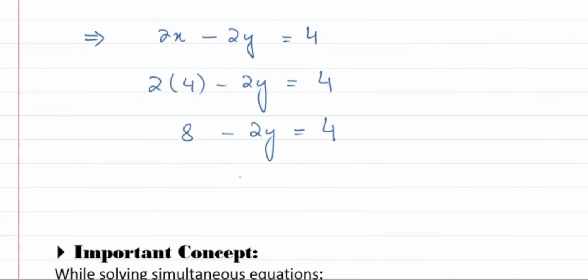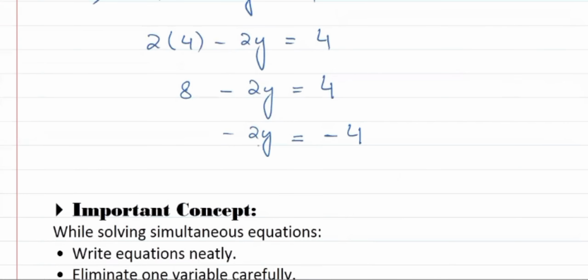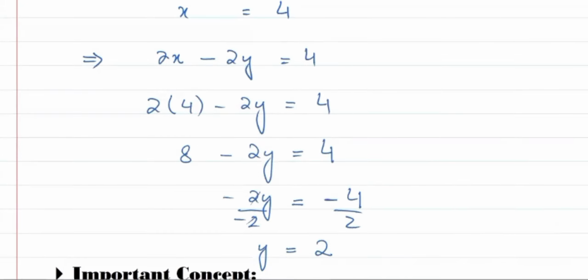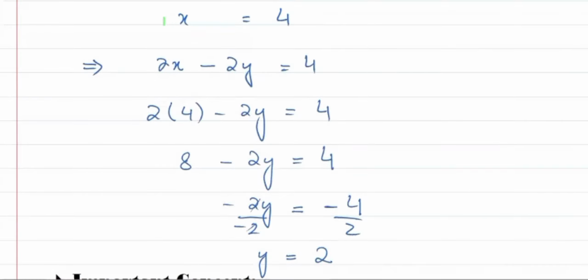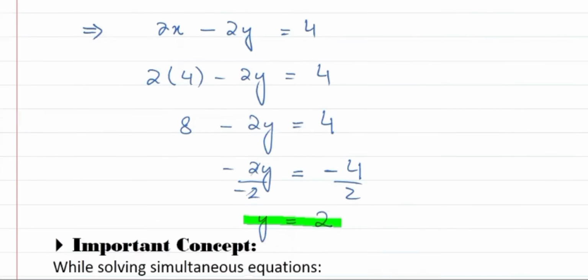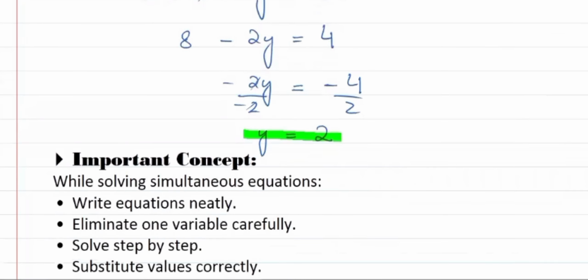Subtracting 8 from both sides, we get minus 2y equals minus 4. Dividing both sides by minus 2, we get y equals 2. Therefore, the values are x equals 4 and y equals 2. I hope you understood example number 2 also.